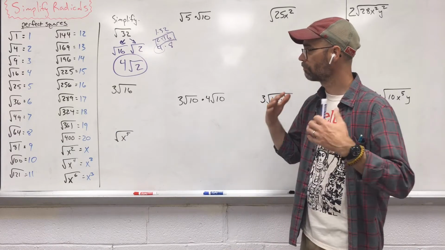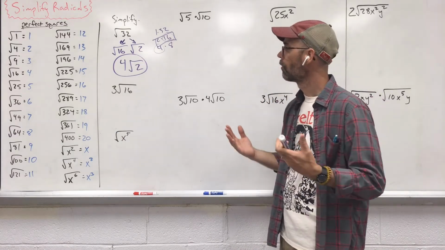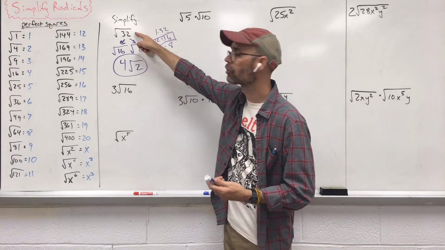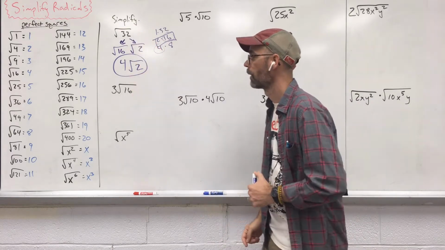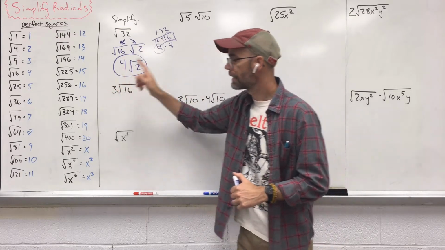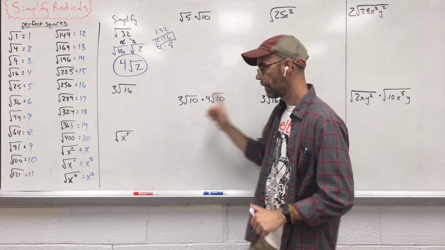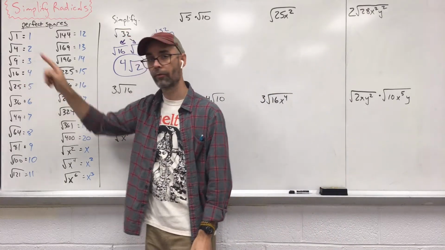Now, I know this can maybe look a little ugly, but that's okay. The whole point is just let's make this smaller, and we did. All right, so I have 3 times the square root of 16. The square root of 16 is one of our perfect squares. I know it's 4.